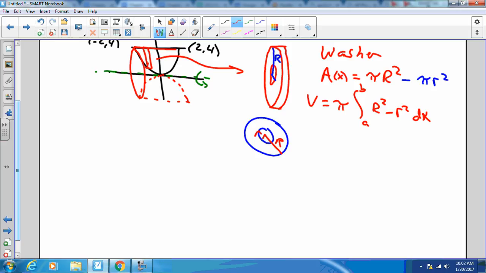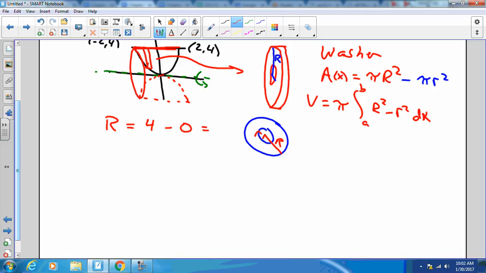But that's easy, because each one of these, big R and little r, are defined by particular curves. And the radius is necessarily always the distance from the curve to the axis of revolution. So that big R and little r both are curve minus axis, or axis minus curve, whichever one's common.